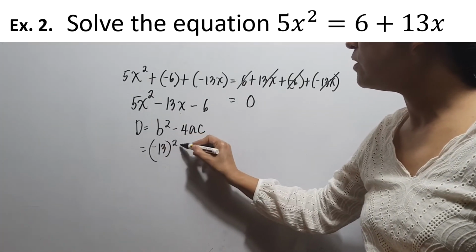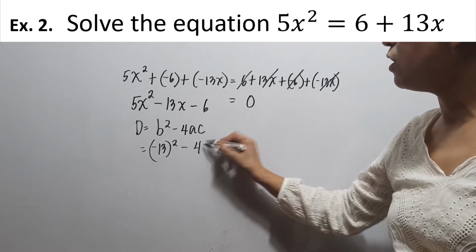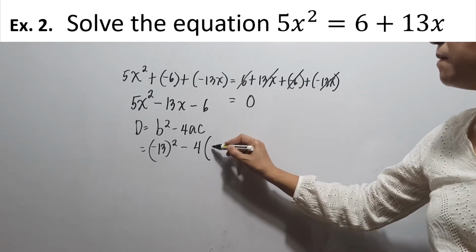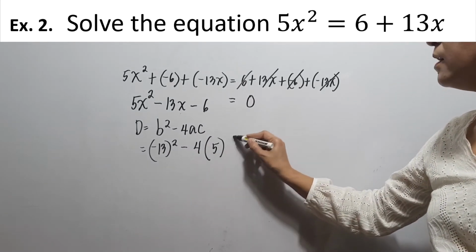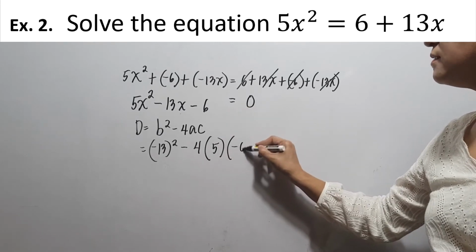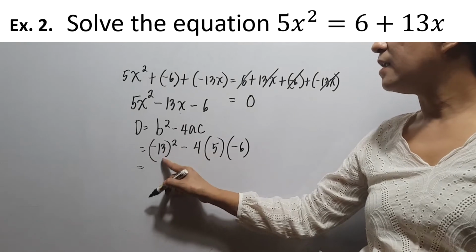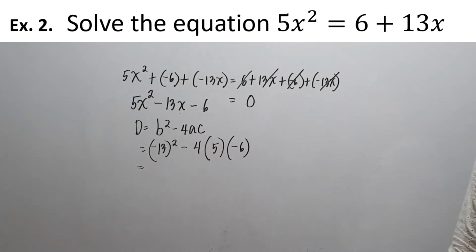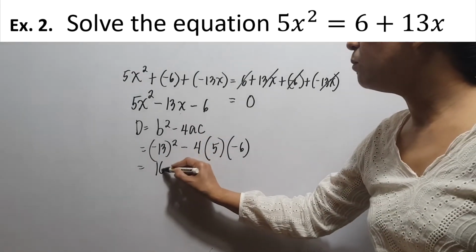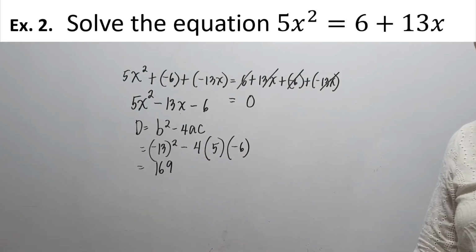Okay, negative 13 squared minus 4 times A times 5 times c, which is negative 6. Alright, so negative 13 quantity squared is positive 169.